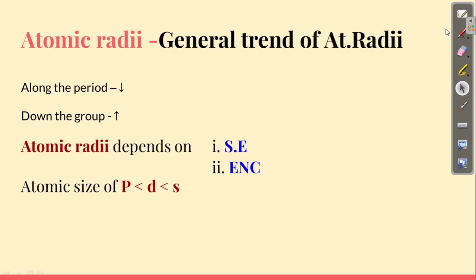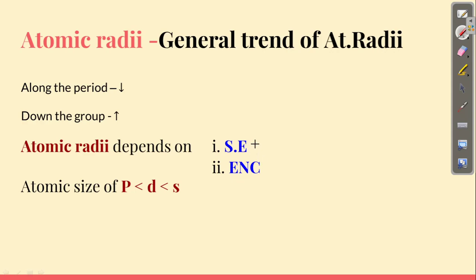Normally, what is atomic radii? Atomic radii is nothing but the distance between the center of the nucleus to the outermost valence orbit. So, this atomic radii will always depend on two aspects, which are the screening effect and the effective nuclear charge.